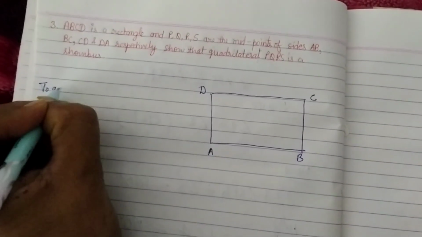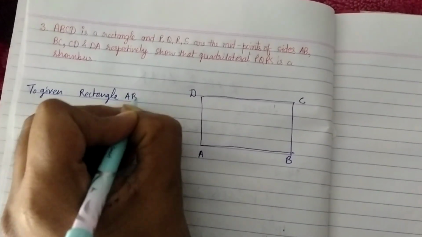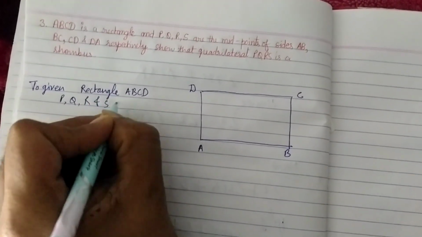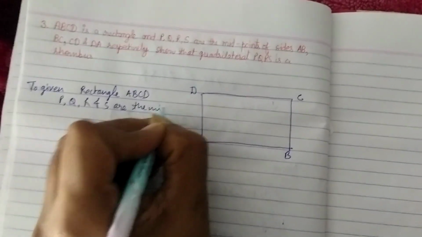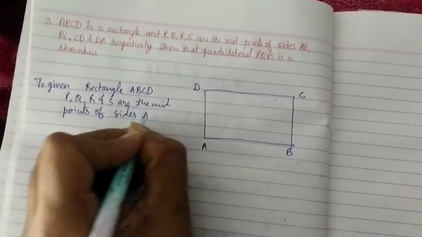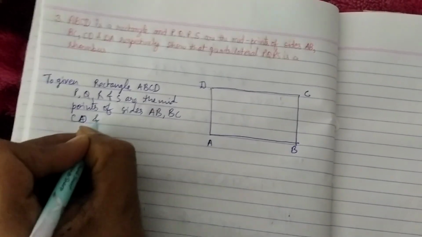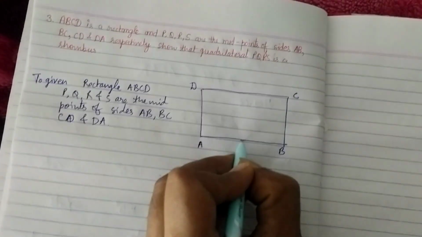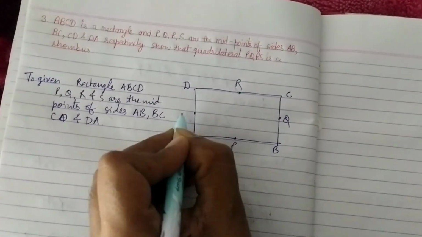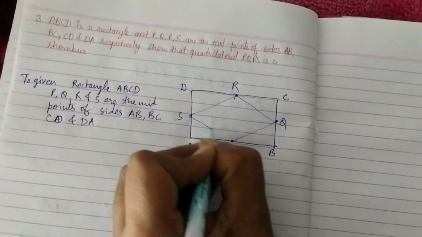Given: rectangle ABCD, and P, Q, R and S are the midpoints of sides AB, BC, CD and DA.